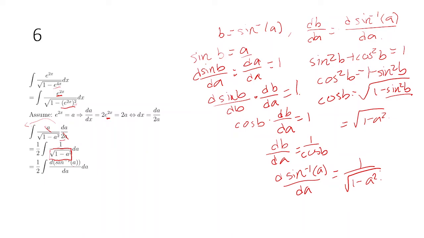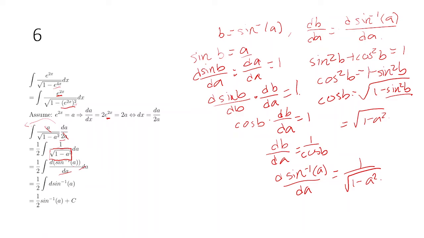Right, so we've proven that, and we see that this dA we can just cancel each other out. So yeah, we'll get 1/2 of the integral with respect to arcsine of a.